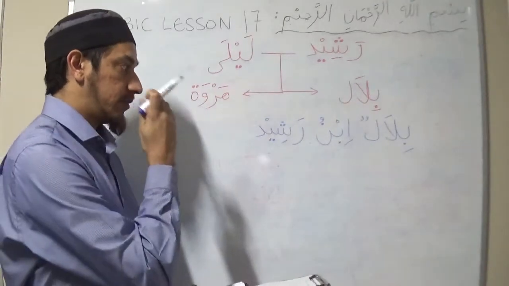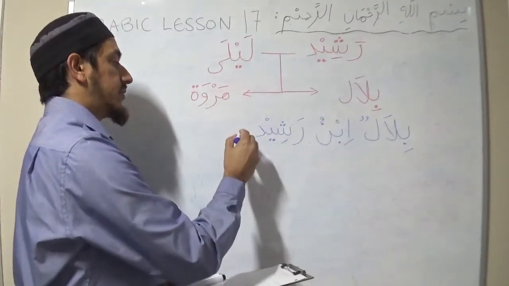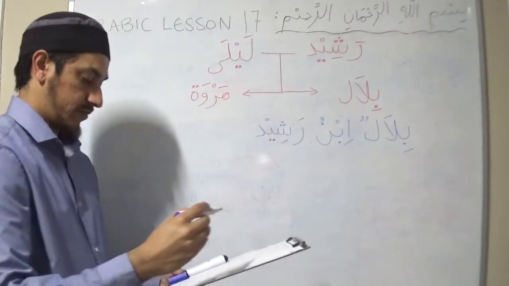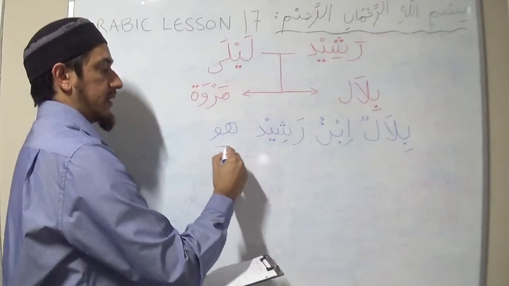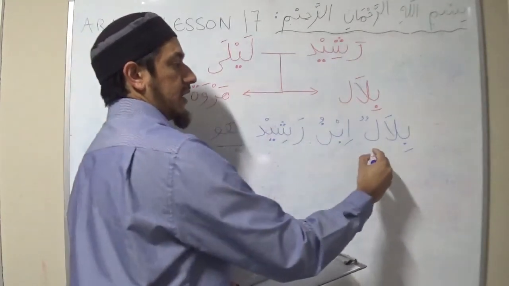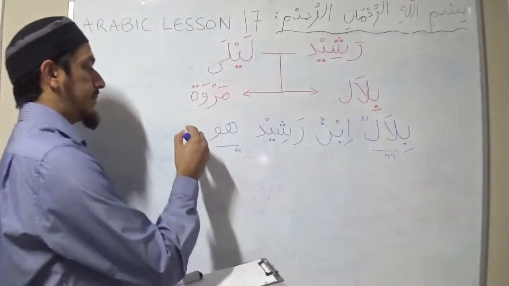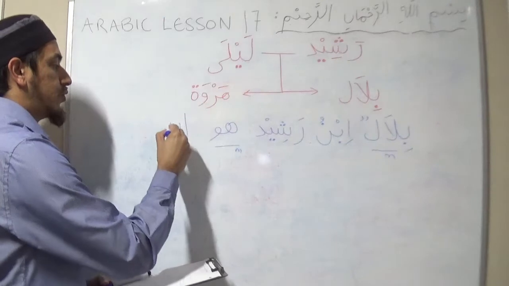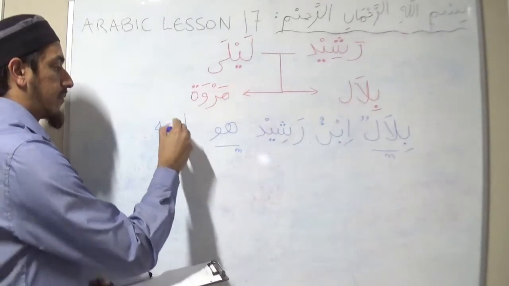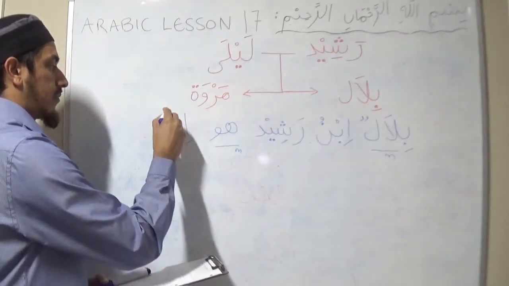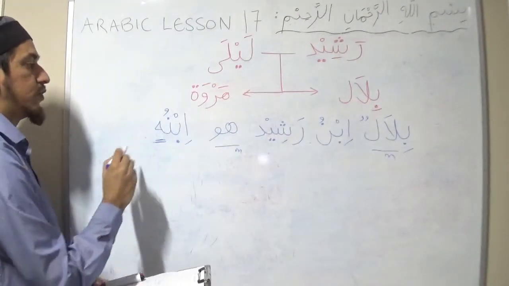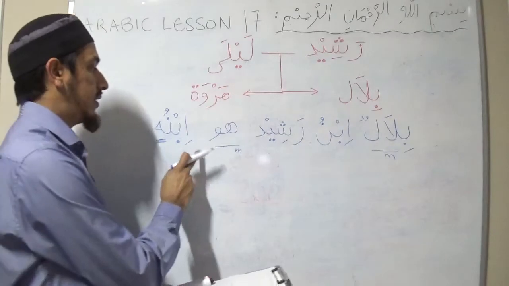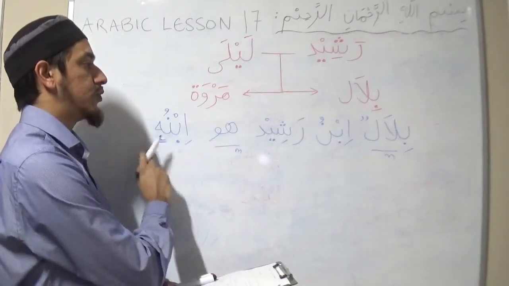Bilal ibn Rashid. Huwa, that is the masculine referring to Bilal. Huwa ibnuhu. So that huwa is a personal pronoun. So for huwa, we have he. He is his son, ibnuhu.